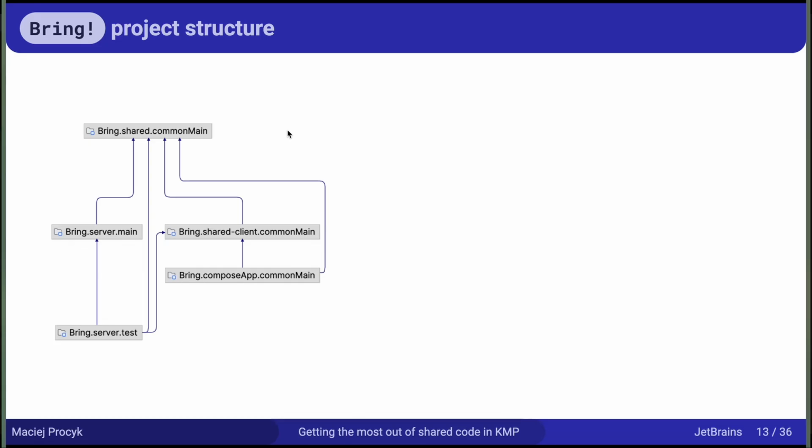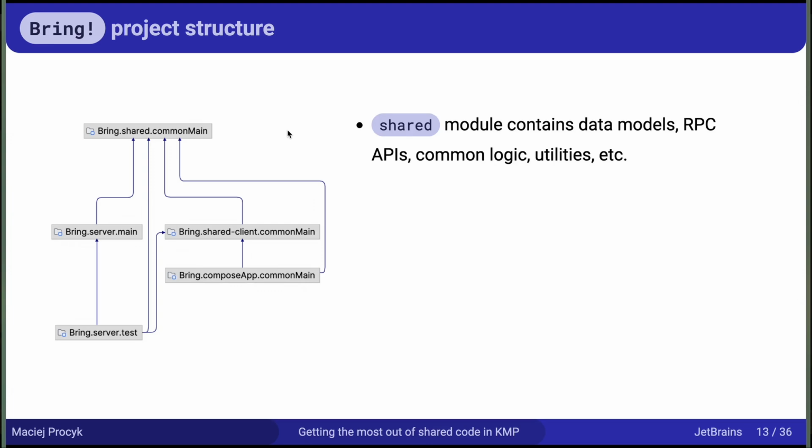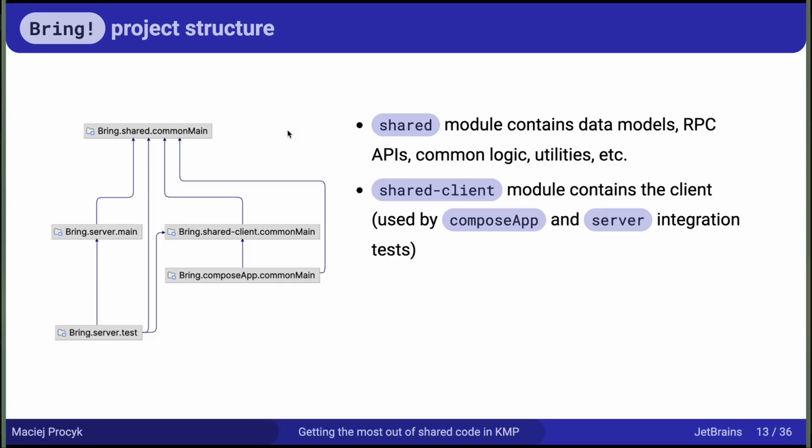So in this case, the shared part is the core on which all other parts depend. Both server and clients reuse the same code to, for example, communicate and execute some common business logic. Then the shared client, which I introduced in the case of my shopping list app, is somehow special, because it's a client that is reused by the front ends, but also by the server tests.